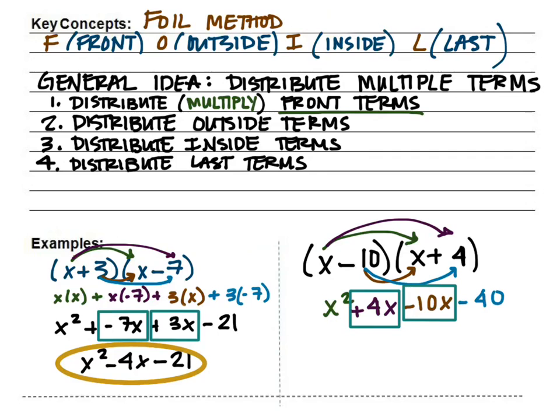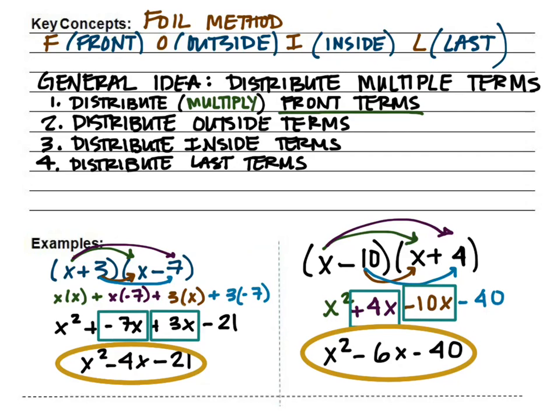When I put the negative 10 and the positive 4 together, I get a 6x. So in total, I'll get x squared minus 6x minus 40. Again, I've circled the most simplified version in my gold color here.